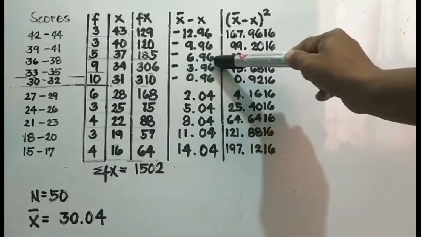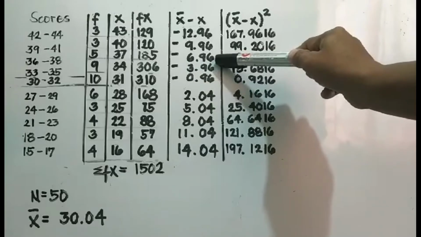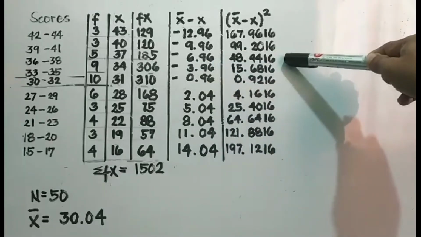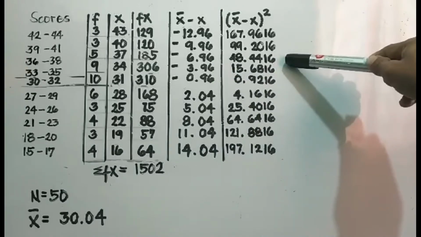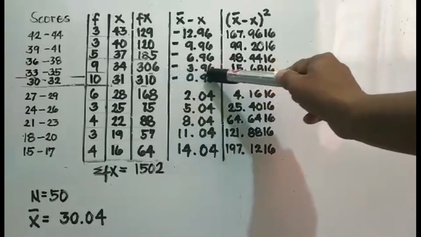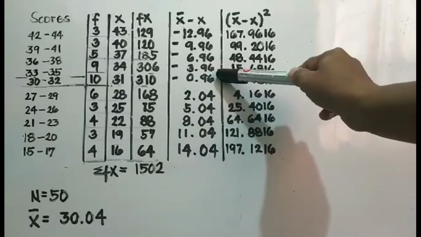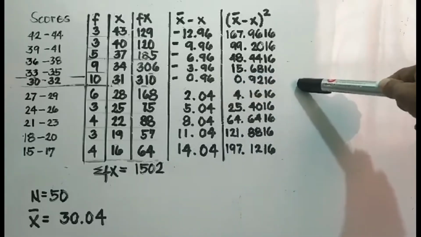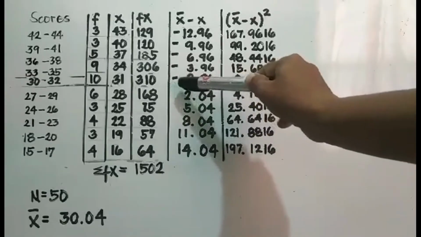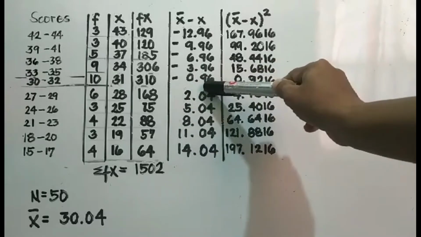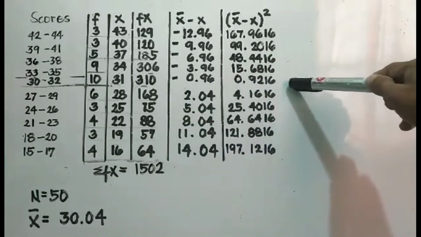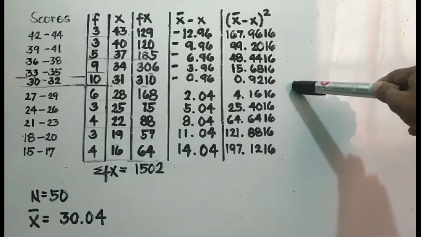Negative 6.96 times negative 6.96 equals 48.4416. Negative 3.96 times negative 3.96 equals 15.6816. Negative 0.96 times negative 0.96 equals 0.9216.